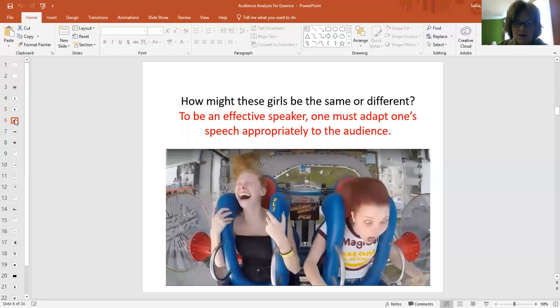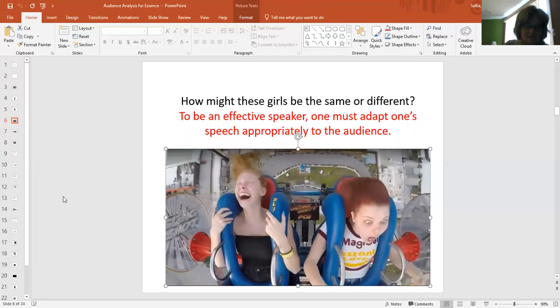Let's say these girls are different in their experience at amusement park rides. Maybe this girl rides roller coasters and rides like this all the time. Maybe for this girl it's her first one and she's never had an experience like this before, and she's learned that she really doesn't like it.